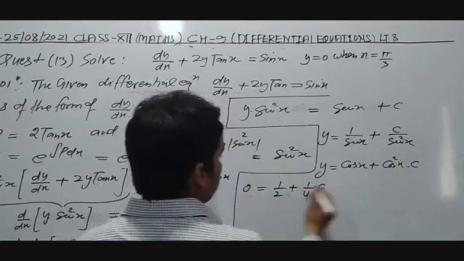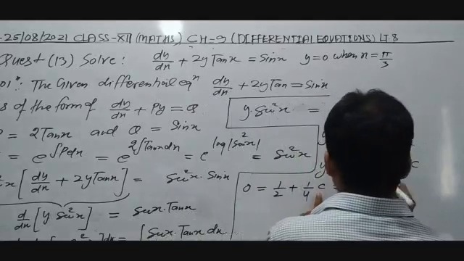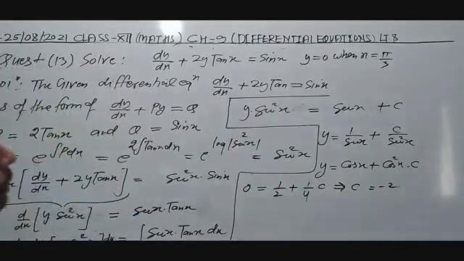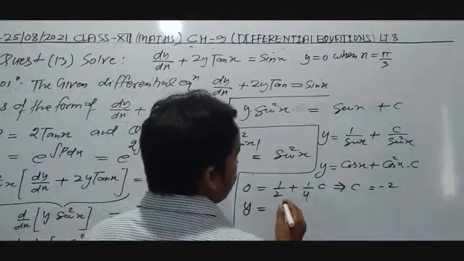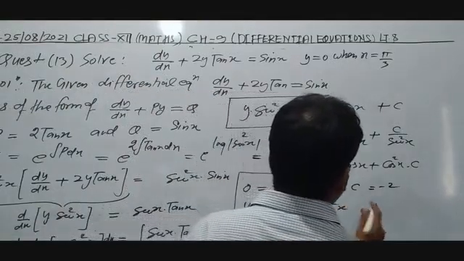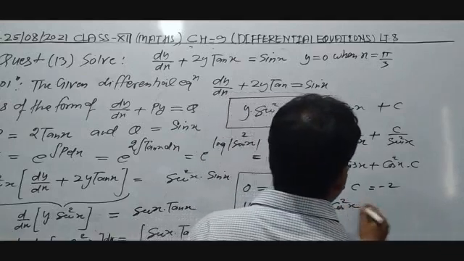So the value of c will be minus 2. After solving you will get the value of c, that is minus 2, so 1 by 2 and minus 1 by 2 will cancel out. Now you can put the value of c in the given equation, then the equation will be y is equal to cos x plus, or minus 2 times cos²x.